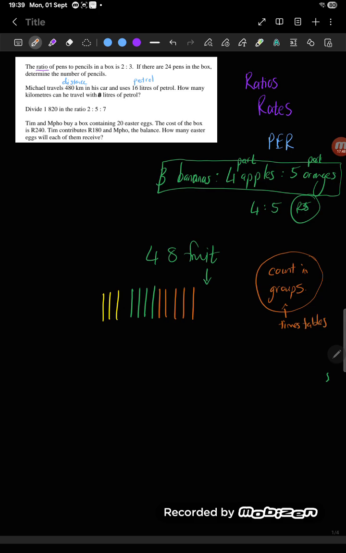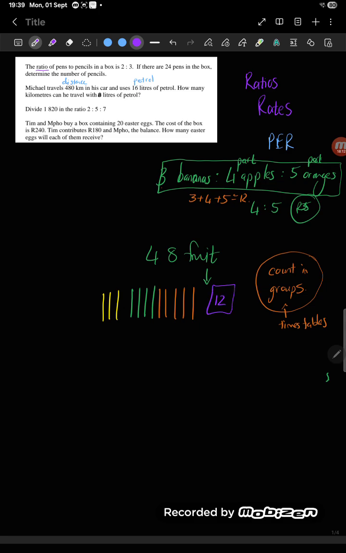So how many fruit do I have as a whole in each bundle? I have 3 plus 4 plus 5. 3 plus 4 is 7. 7 plus 5 is 12. So each bundle has 12 fruits in it.